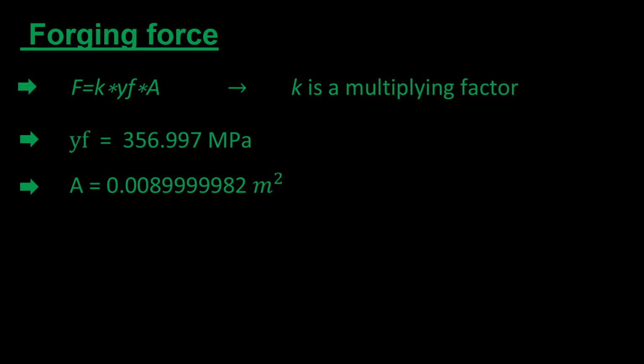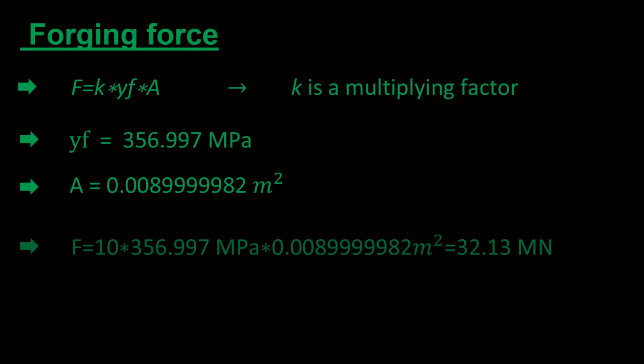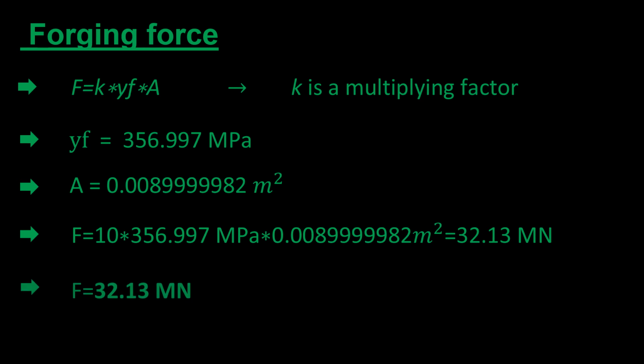The forging operation produces flash, and it is considered a complex shape. The forging temperature of steel is approximately 1000 degrees Celsius, so the flow stress is approximately 356 megapascals. Finally, we have the next result.